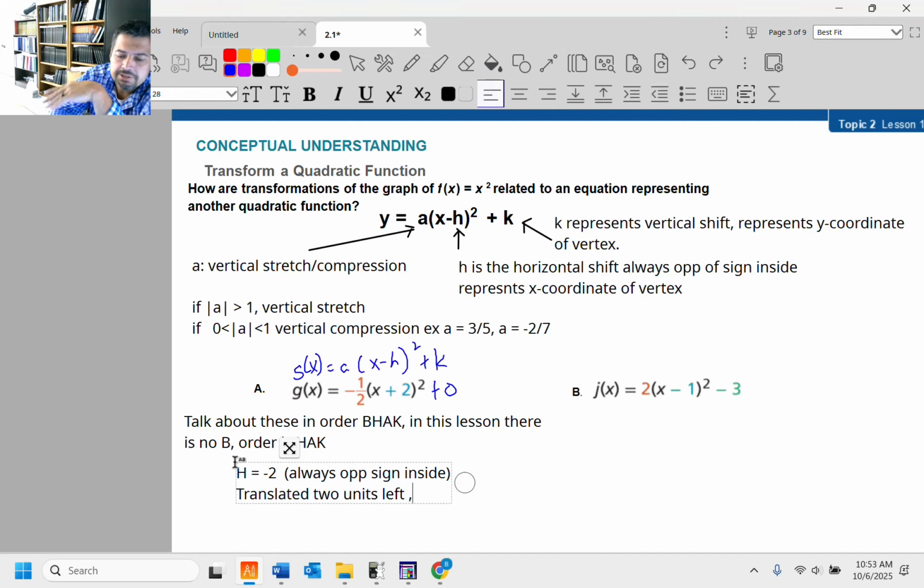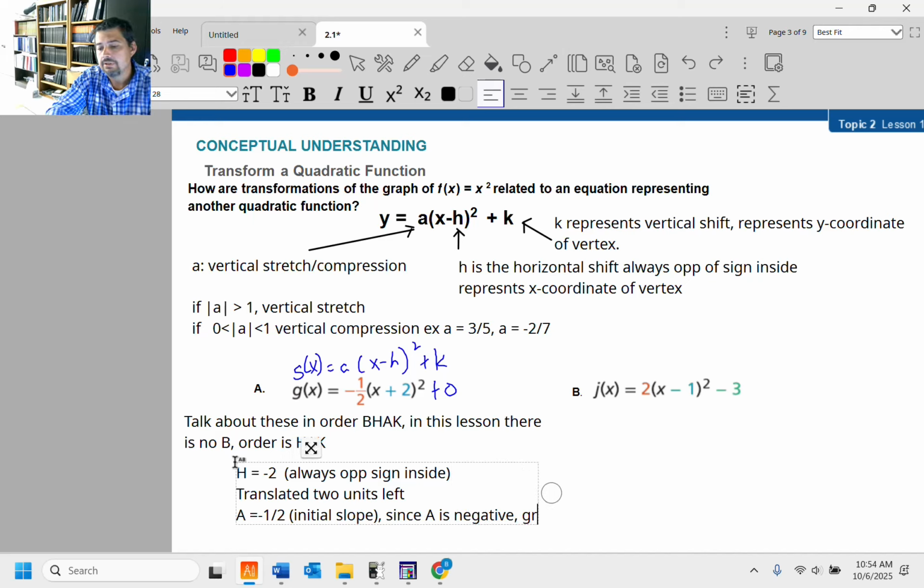There is no k, so it's not worth talking about. The next letter to talk about would be a. So I see that a is -1/2. Now, some of you probably remember this as initial slope. It is initial slope, but we're talking about this in terms of transformations, not actually doing the graph. What this means is, since a is negative, the graph has been, and it's not an x-axis reflection, it has been vertically reflected.